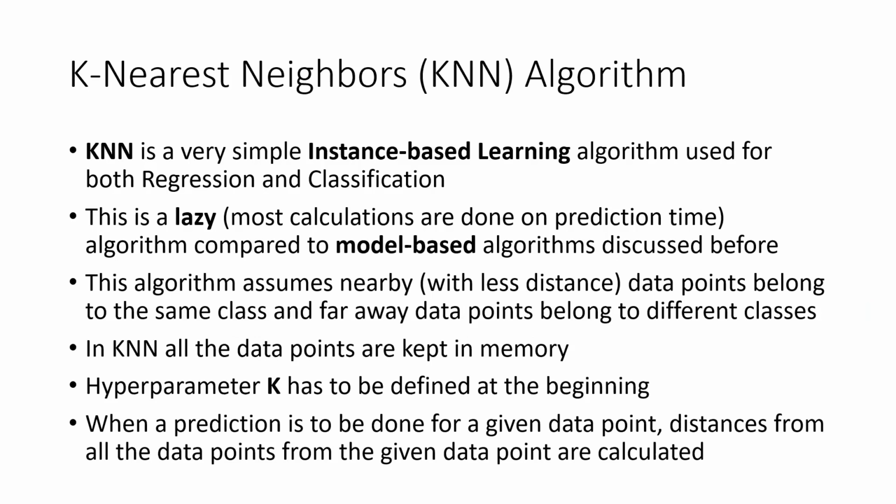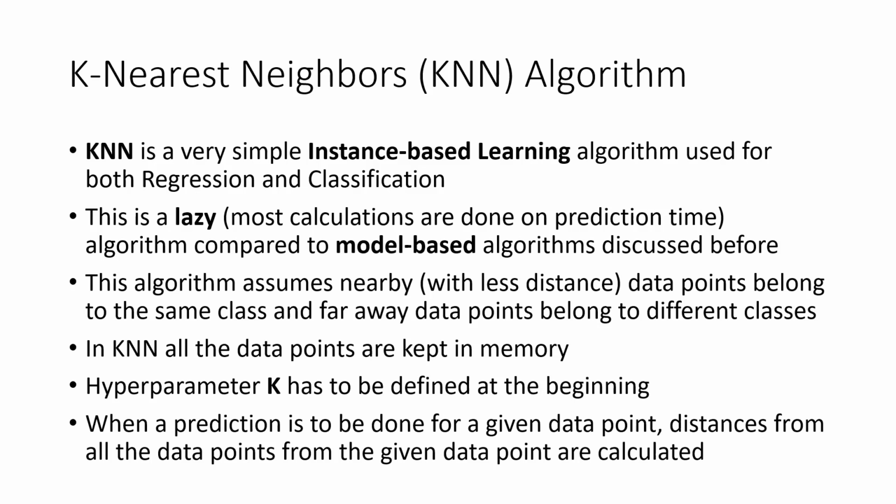Actually, this is very easy compared to the earlier algorithms because the algorithm is very simple. And there's also a difference: this is known as an instance-based learning algorithm. So that means you don't have to make a machine learning model to make a prediction with this algorithm.